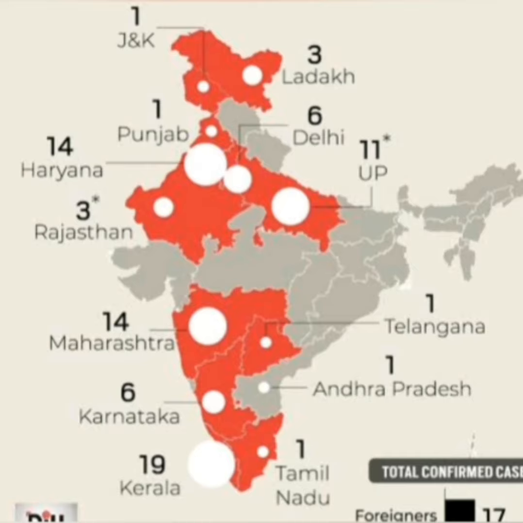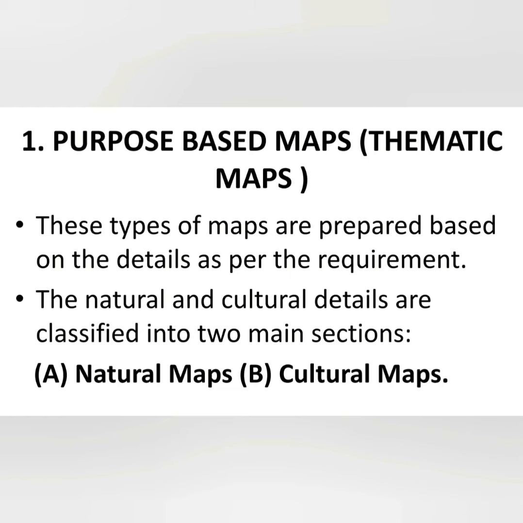This kind of map is considered a purpose-based map. Maps can be classified into different types based on their purpose also. Natural maps and cultural maps are the main two types of purpose-based maps.